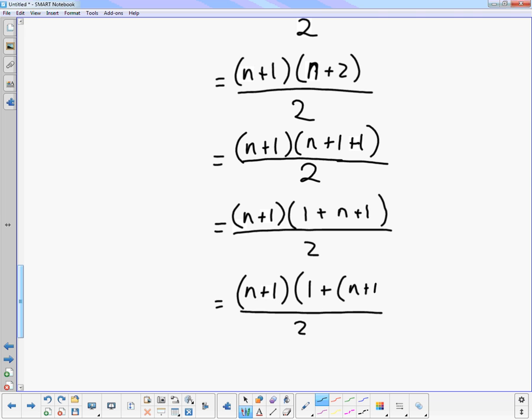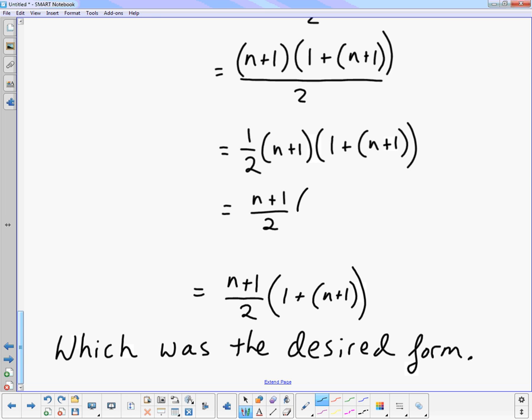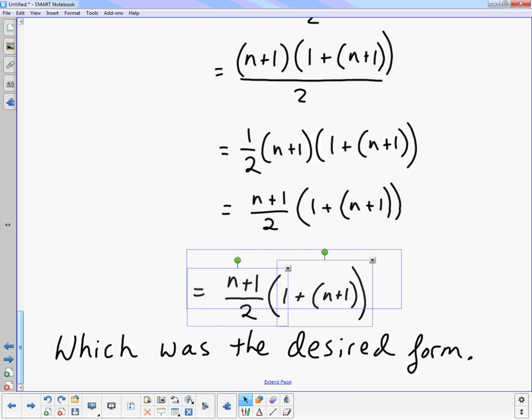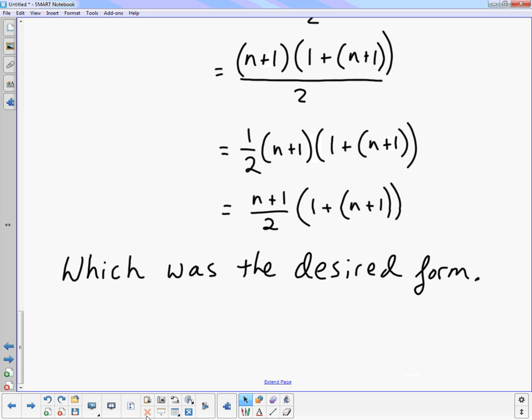Because I have the associative property of addition. Because division by 2 is multiplication by a half. Do we see now? Good.